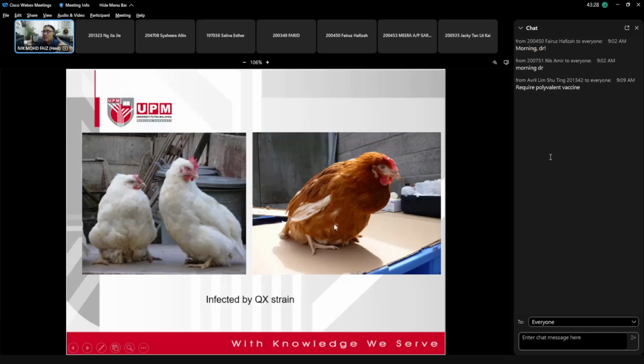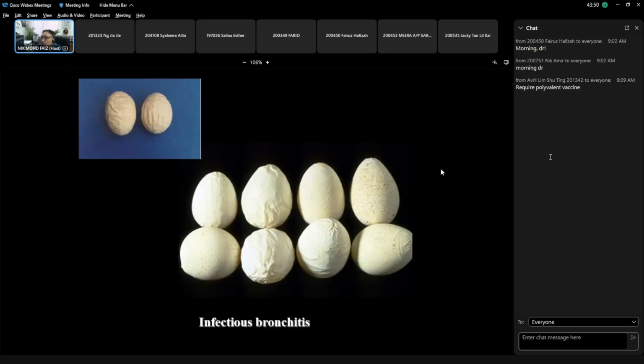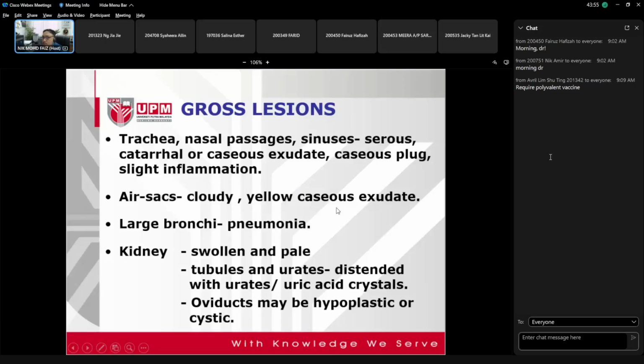So their stomach is full of water, so they sit because they become heavy. The belly drops down, all the abdominal cavity drops down. So that's why they're all sitting. This is quite unique. We also have it in Malaysia. If you notice this kind of stance, you have to suspect it is probably infected with the QX strain. This one is the egg quality issue.